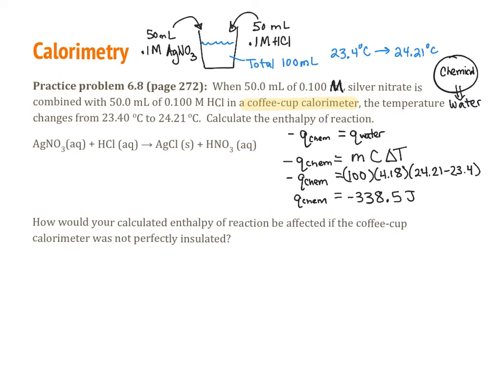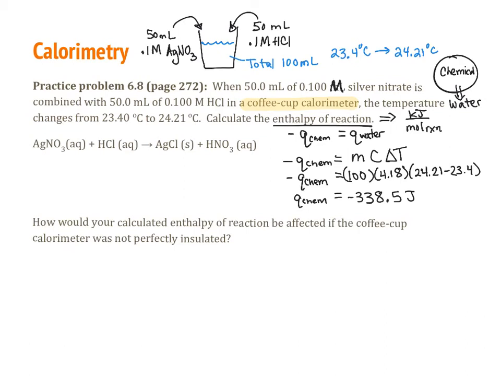Now we are not done yet because it's asking us to calculate the enthalpy of reaction. Enthalpies are usually given with units of kilojoules per mole of reaction. So we're going to have to make two adjustments here to our number. We have the number of joules. We need to figure out how many moles generated this many joules. So coming back up to the problem and the numbers that we were given, we've got 50 milliliters and 0.1 molar.